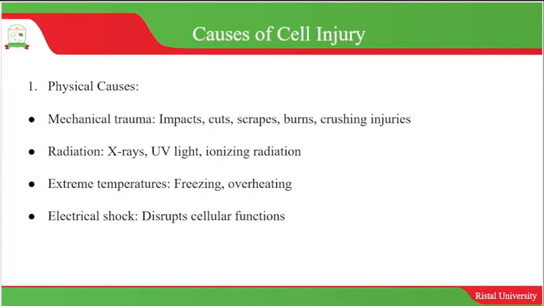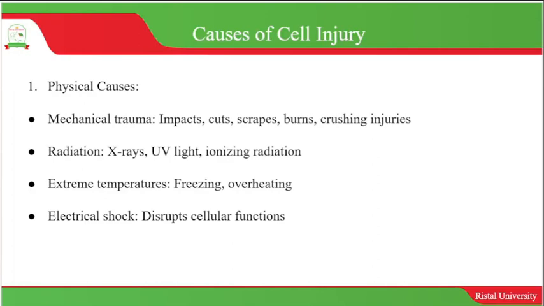So the electric shock may also disrupt cellular function and cause cell injury. So how does this electric shock disrupt cellular function? The electric shock can disrupt ion gradient across the cell membrane, leading to electrolyte imbalance and cellular dysfunction. And this can affect the membrane potential.